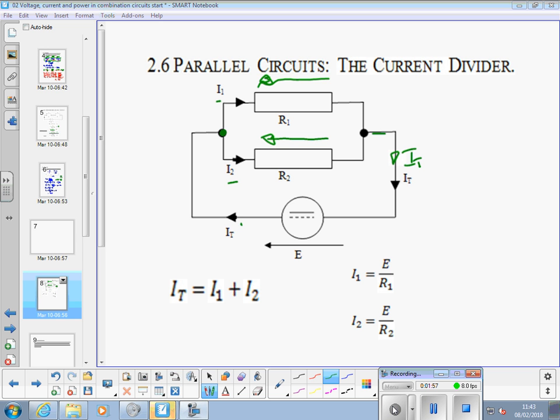Yeah, there can be more circuits in combination as well. If you think about it, when you plug things in sockets, all your 10 laptops in here, they're all connected in parallel. The reason they are is because they all need 230 volts, and if they're all connected in parallel, they'll all get 230.